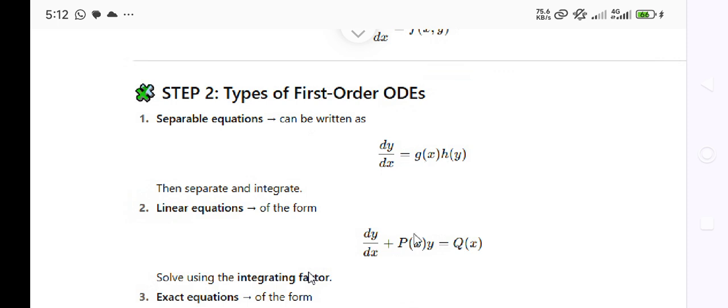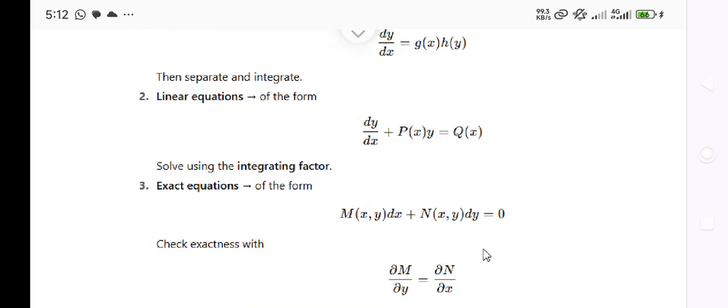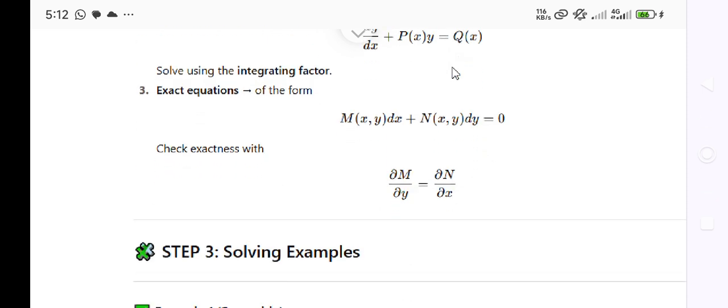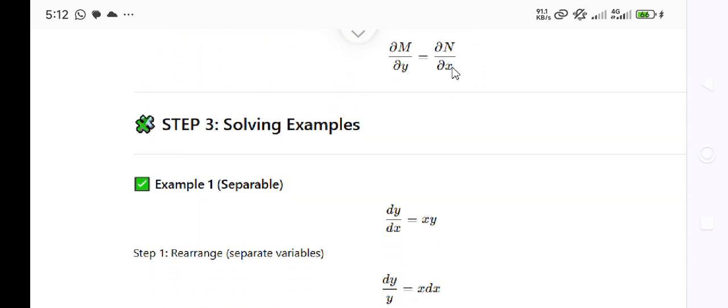But this one now, if you have even plus within this function, it can't be separated. Moving forward, we also have exact equations, but our major focus now is the separable one.